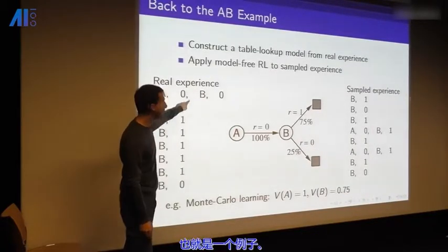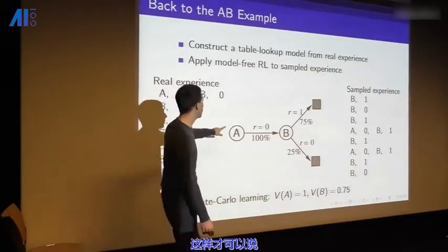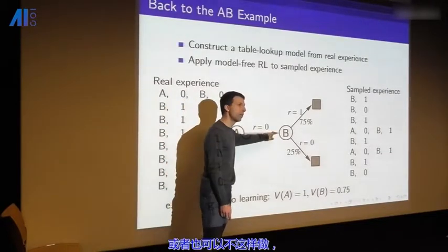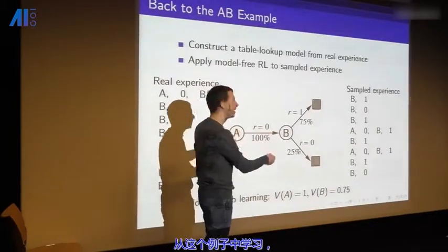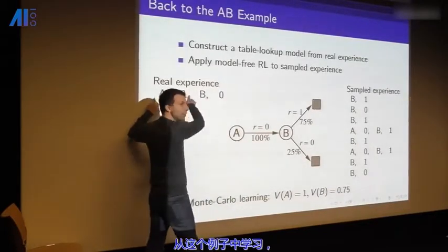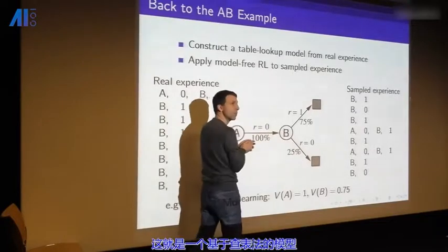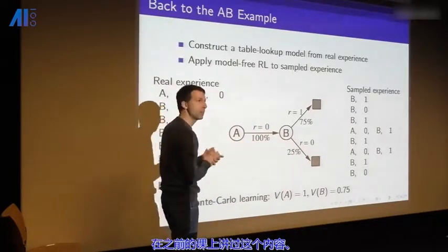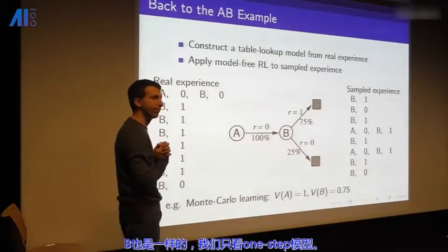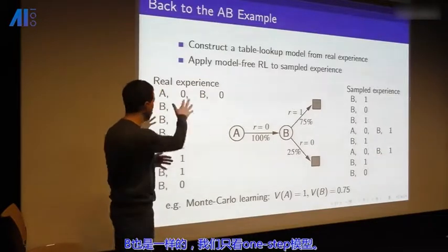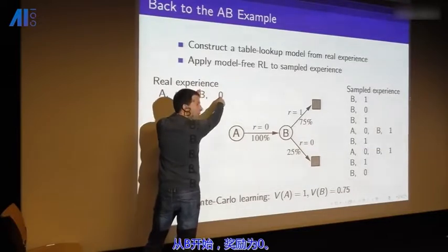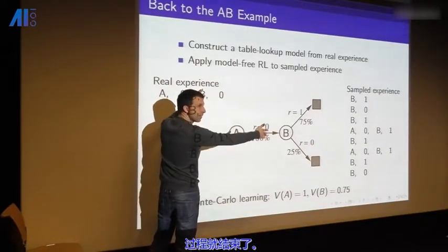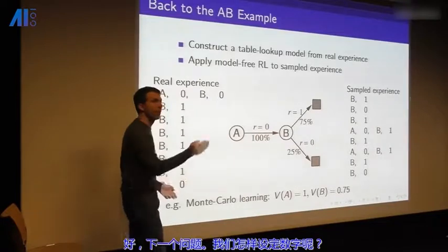We've only got one example of that. So now we have to say that this transition should give us a reward of 0. This is the maximum likelihood model. Learning from this example, that is the model that we'll get by the table lookup procedure that I outlined in the previous slides. And similarly for B, we just look at the one-step model. I started at B, I got the reward of 0, episode terminated. Same for all those. Okay, question.